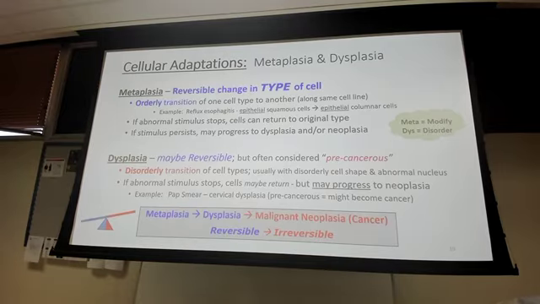All right, so then moving on to different types of adaptations. So metaplasia. Metaplasia is an orderly transition from one cell to another cell. And what that means is that it's not changing cell types, right? So for this example down here, we got epithelial squamous cells turning into epithelial columnar cells.